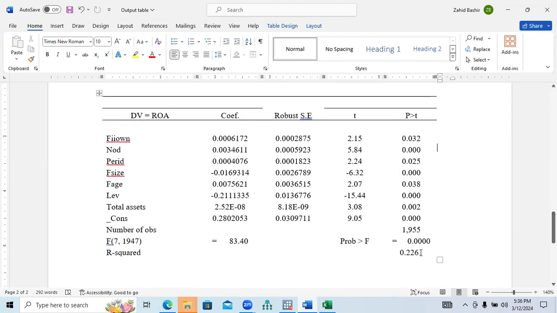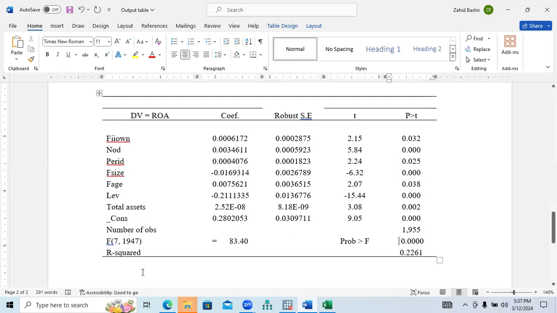And you need to click on the last row and select the bottom border. So that's how you can create your regression table in APA style.